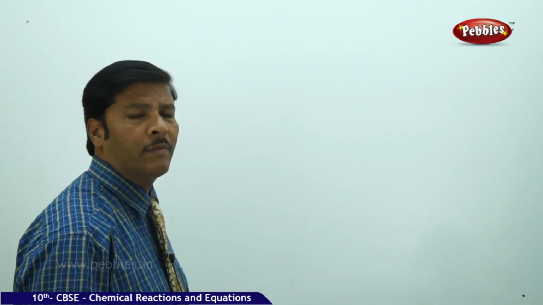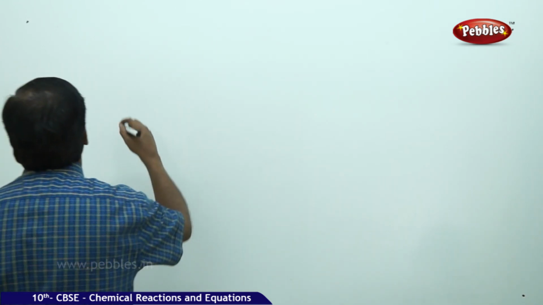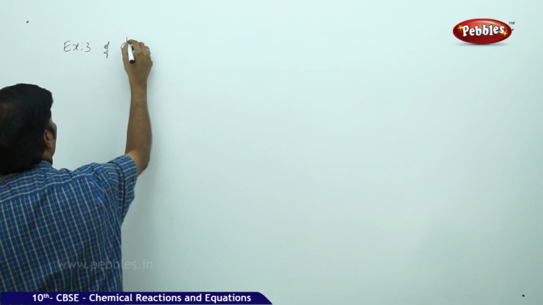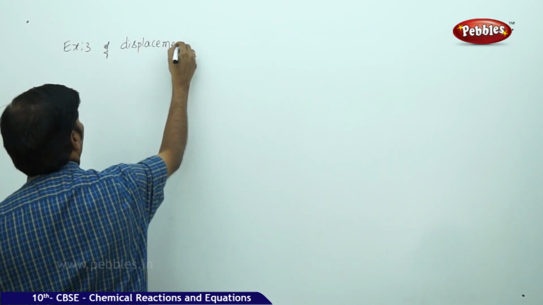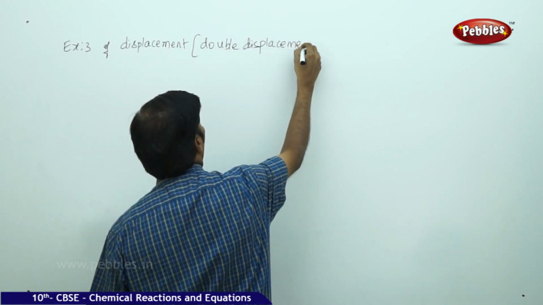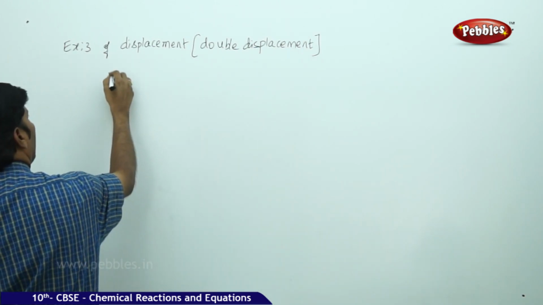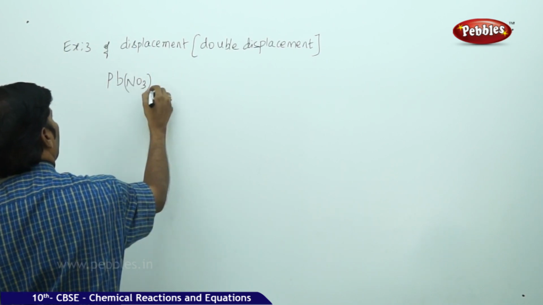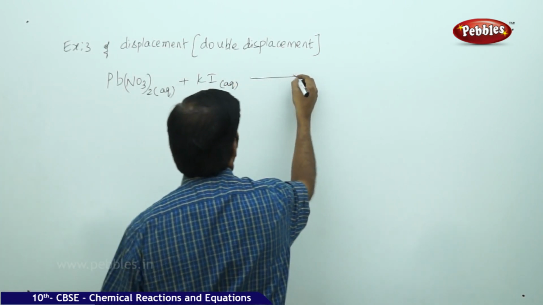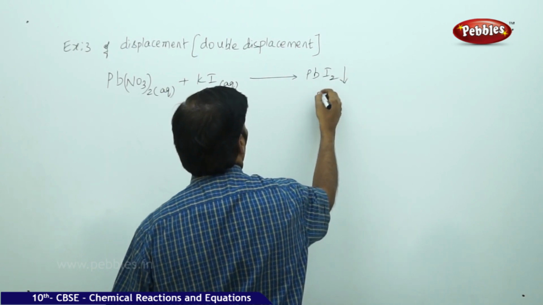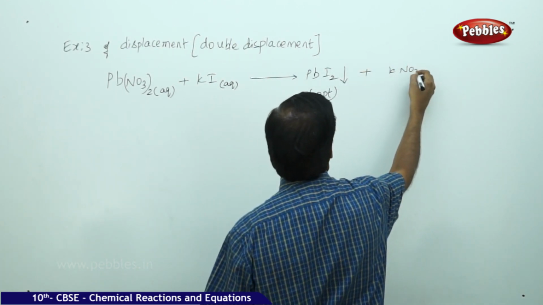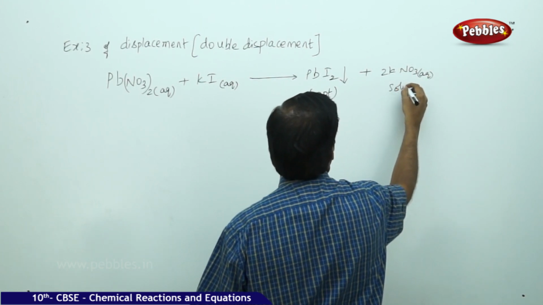If we go to the same displacement reaction, let us take one more last example, example 3 of double displacement reaction, that is lead nitrate aqueous plus potassium iodide aqueous gives rise to PbI2 precipitate, plus 2 moles of potassium nitrate aqueous, which is a soluble salt.